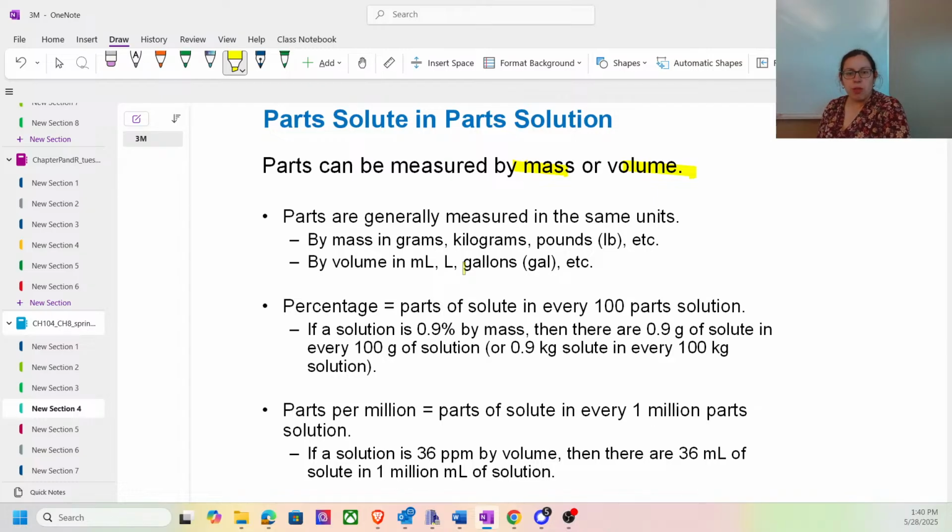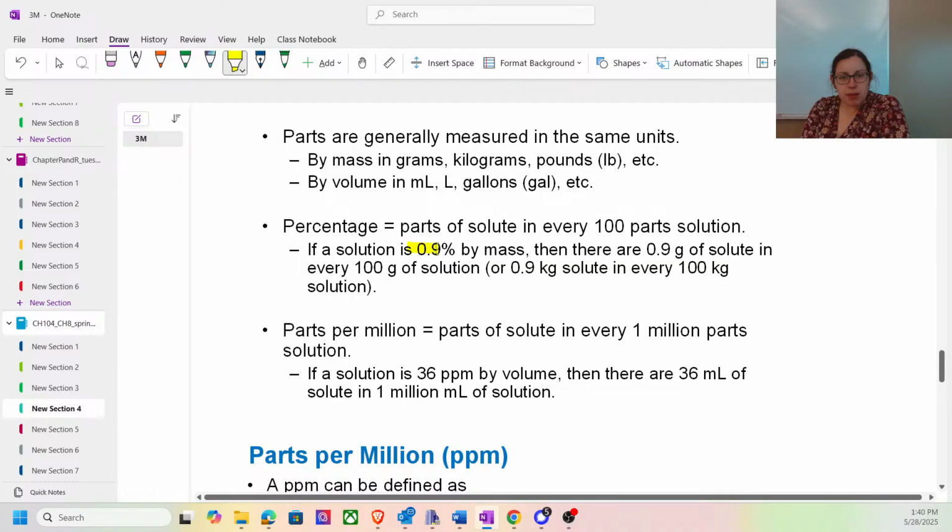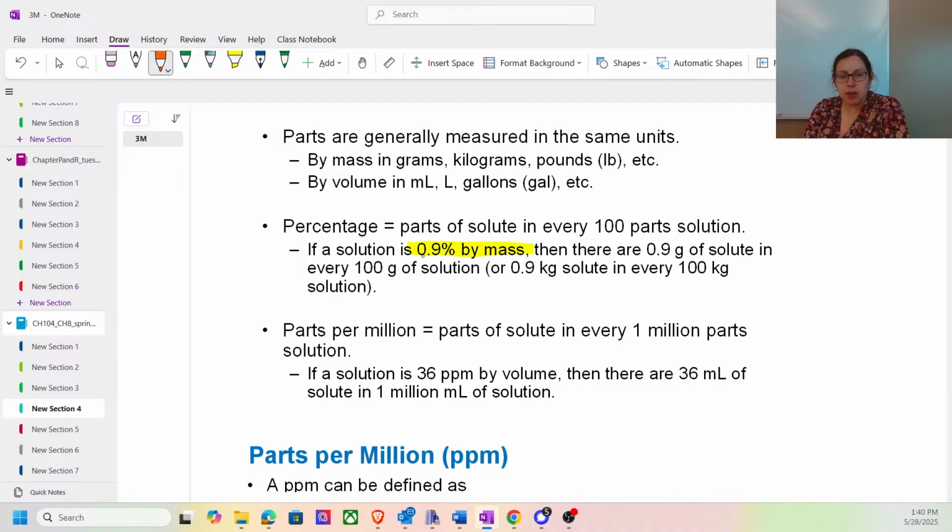Same thing with volume. And so again, 0.9% solution by mass is 0.9 grams of solute in 100 grams. And again, right, I would just set up a proportion so that can help you with the calculations a lot.